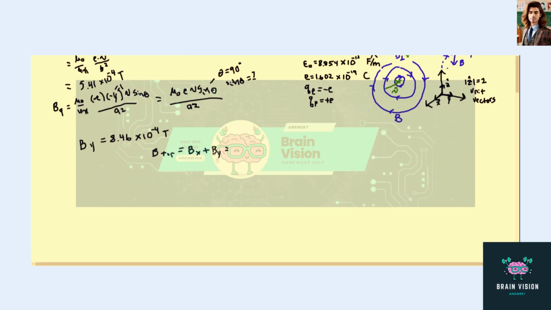And so this is going to be equal to 5.41 times 10 to the minus 4 Tesla plus 8.46 times 10 to the minus 4 Tesla, which gives us a total magnetic field of 1.39 times 10 to the minus 3 Tesla. So that was for part A.